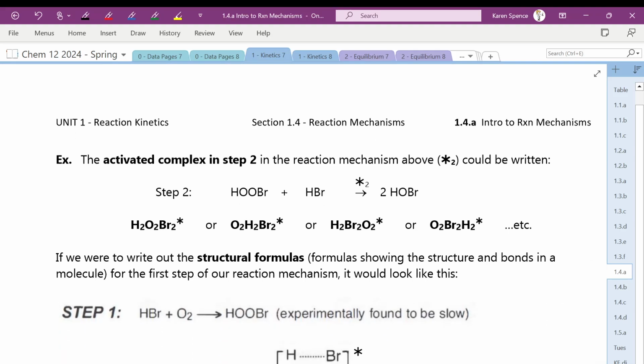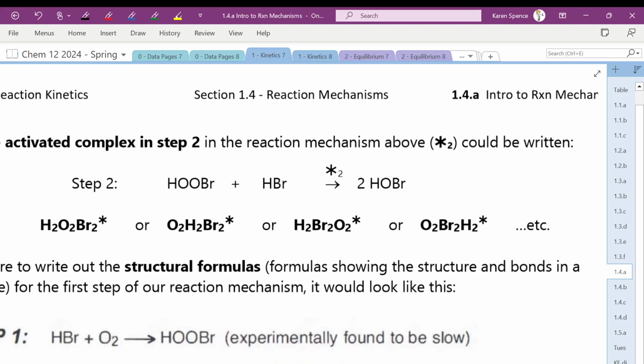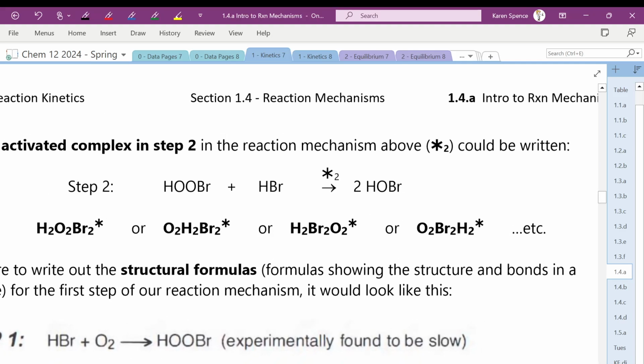So for example, here is step 2, okay, of the reaction mechanism, and we're just going to write some possible things that we could write for the activated complex. The activated complex needs to contain 2 H's, 2 O's, and 2 Br's.